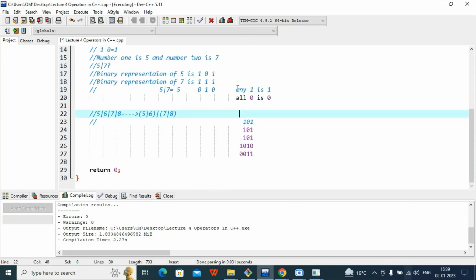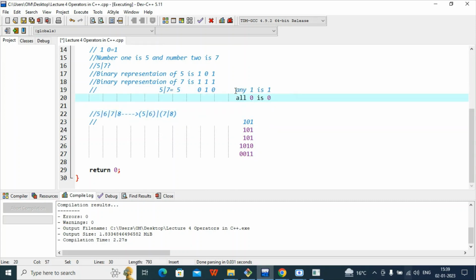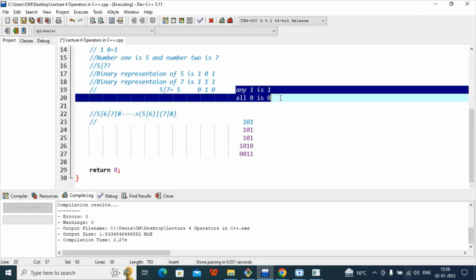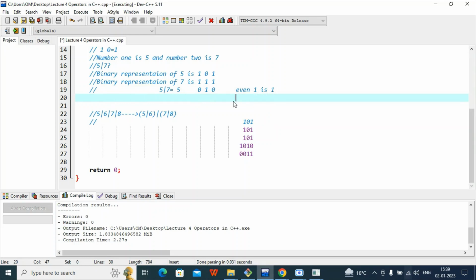So what is the trick to explain this? The rule for XOR is: even number of ones gives 0, odd number of ones gives 1.